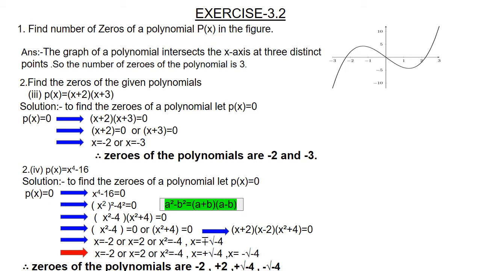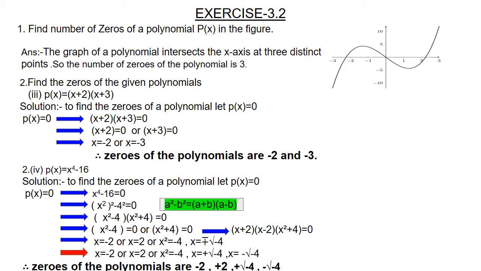To find the zeros of a polynomial, let p(x) be equal to 0. If p(x) is equal to 0, then x^4 - 16 is equal to 0. Now, x^4 can be written as (x^2)^2, and 16 can be written in exponential form as 4^2.